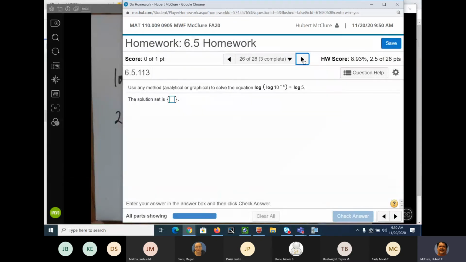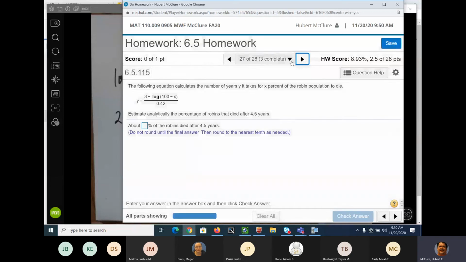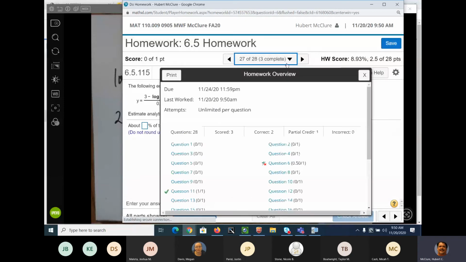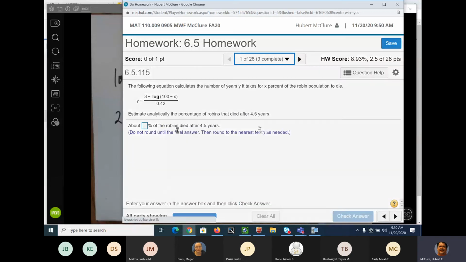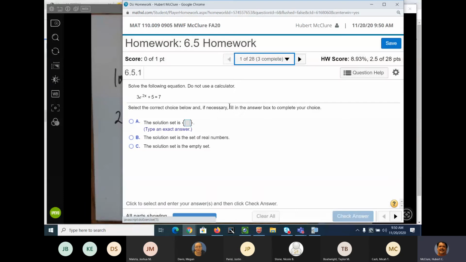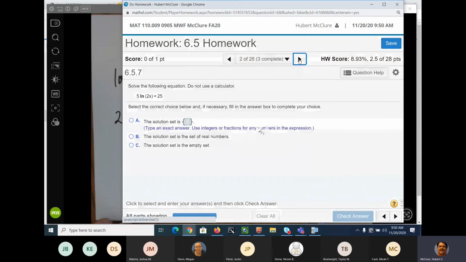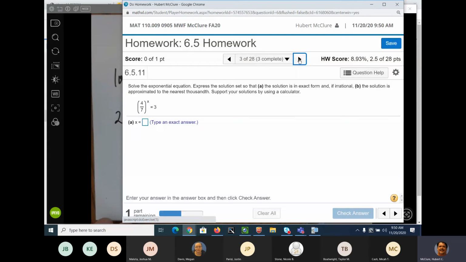That's all graphing calculator. So let me go back to the beginning. I'm just trying to find one more. They might have put them at the beginning. Nope. Nope. That's the definition of a logarithm.